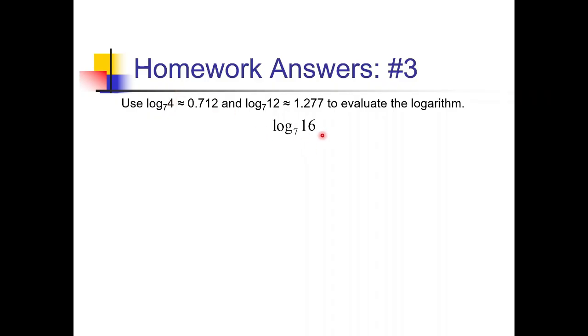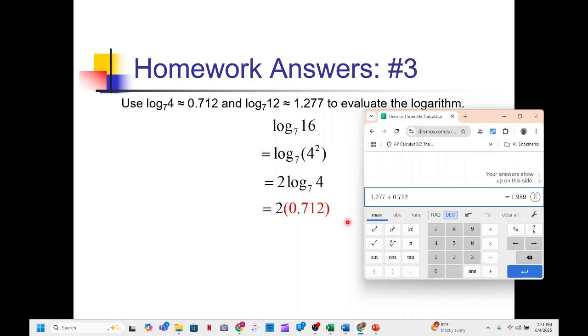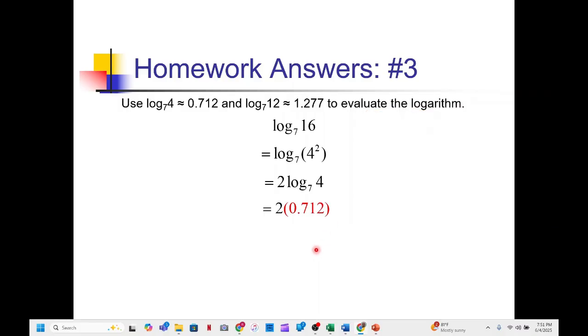If I turn it into that, then I can use my pop-out rule of logarithms and pop out that 2 as a multiplier out in front. And now if I've got 2 log of 4, I can rewrite this as 2 times 0.712. And I can multiply that on my calculator. Let me just do 2 times 0.712, and that gives me a 1.424.